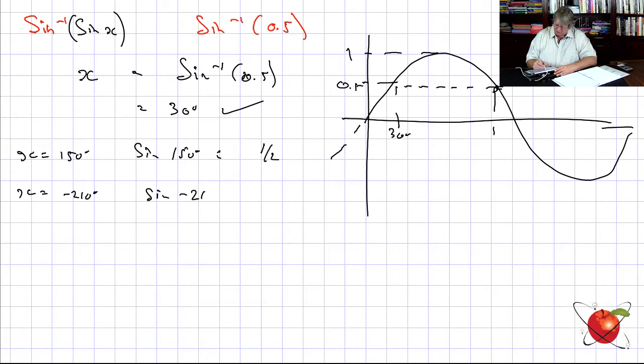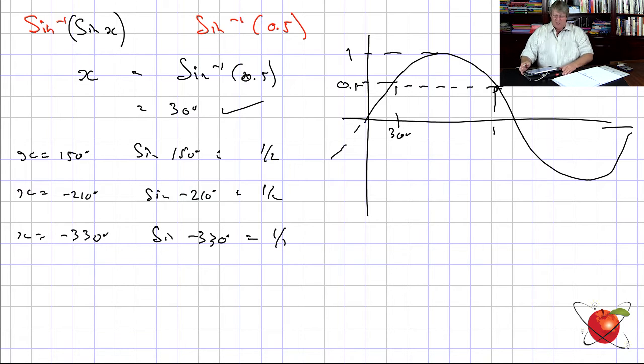Sine of minus 210 degrees is, put in a calculator, a half. And we can go on, minus 330. Sine of minus 330 degrees is equal to a half. So, there's 4 solutions.